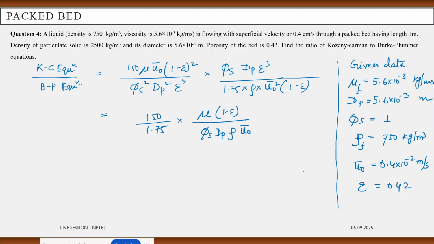So you have to just put these values in this equation, and you will get the ratio. Let me know what ratio value you are getting.